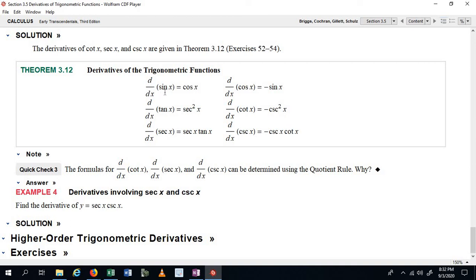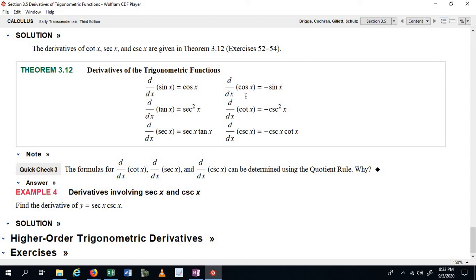So the derivative of sine is cosine. But the derivative of cosine is minus sine. So one thing I want you to notice is this is a cofunction, right? That's why it's called cosine.